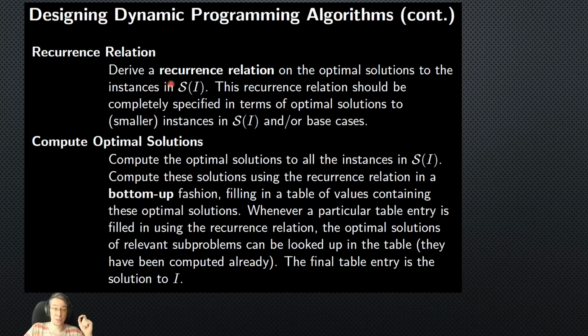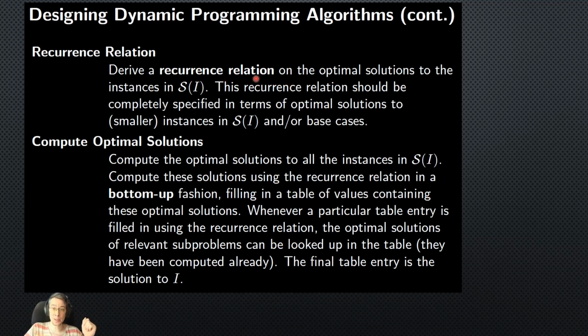We want to derive a recurrence relation that relates directly an optimal solution to a problem to optimal solutions of the subproblems. So the recurrence relation is actually going to define the relationship between a problem and its subproblems.